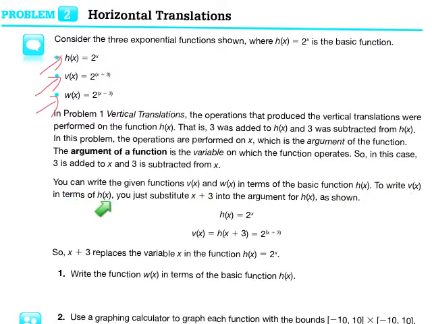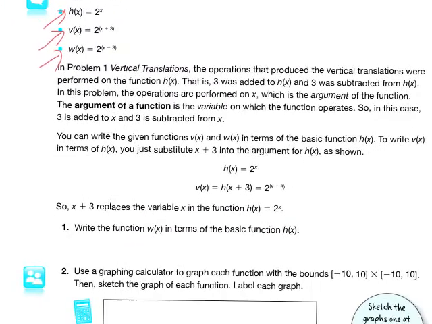So our basic function is h. That's our generic one. And v is going to be whatever h is with x plus 3, which would be 2 to the x plus 3. So x plus 3 replaces the variable x.